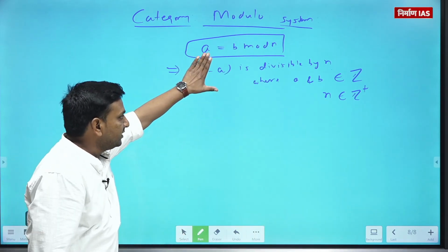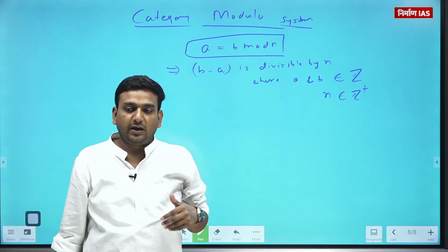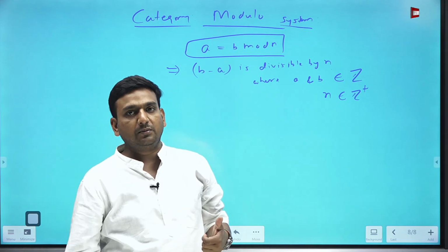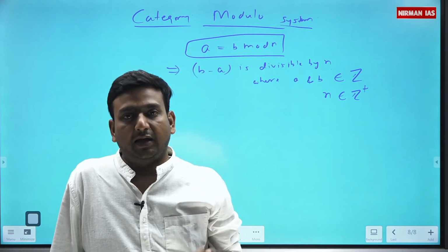Please remember this definition, life will be easy here. A congruent to B modulo n means B minus A and A minus B are divisible by n.